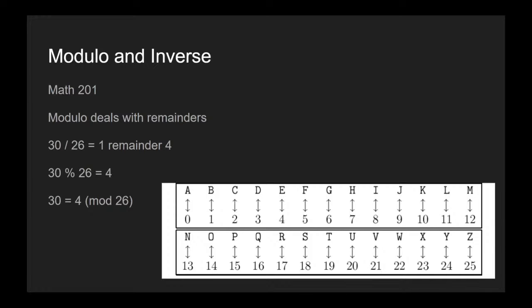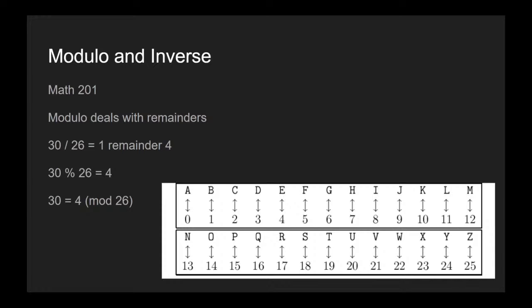And so, like I said, 30 divided by 26 is 1, remainder 4. Modulo is typically shown with the percent symbol. That's typically how you'll see it written, or if you're programming, that's typically the symbol used to indicate modulo in programming languages.